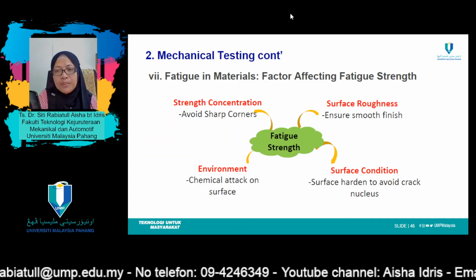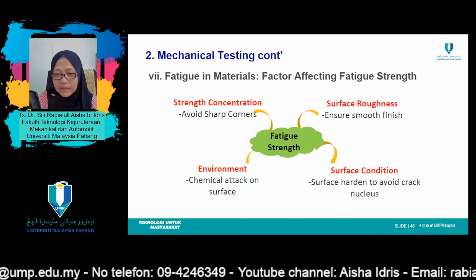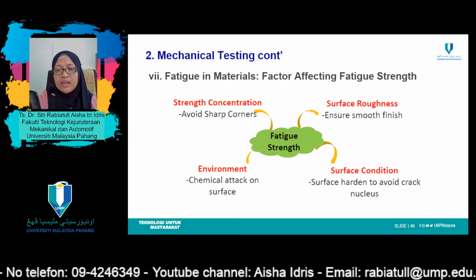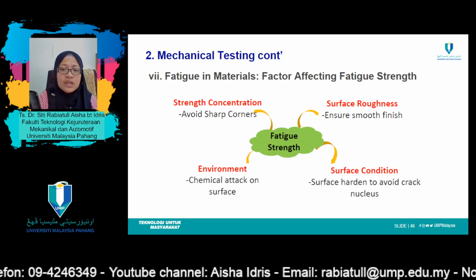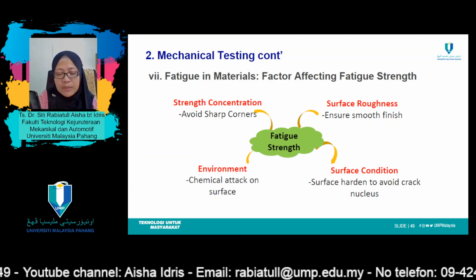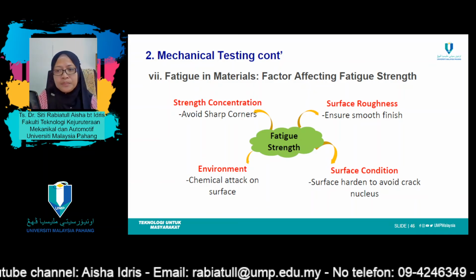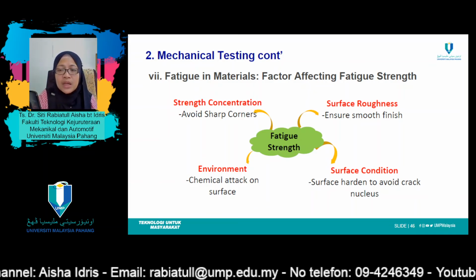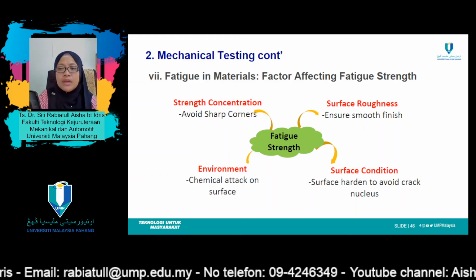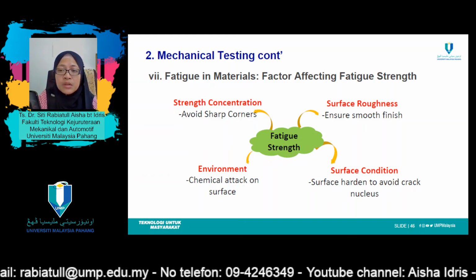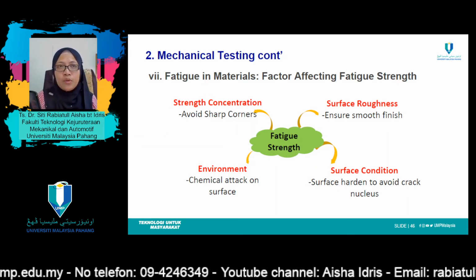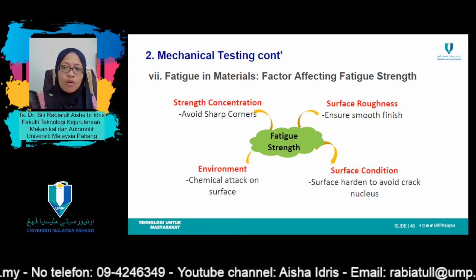Fatigue strength can be affected by several factors, which include stress concentration. That's why in any design, we need to avoid sharp corners and use a fillet instead. Number 2, surface roughness. The specimen surface needs to be smooth, with a lower value of roughness.